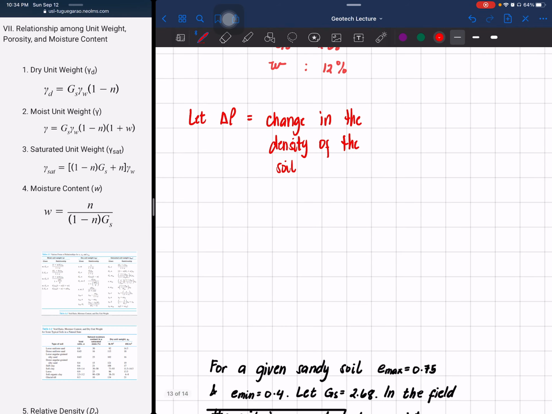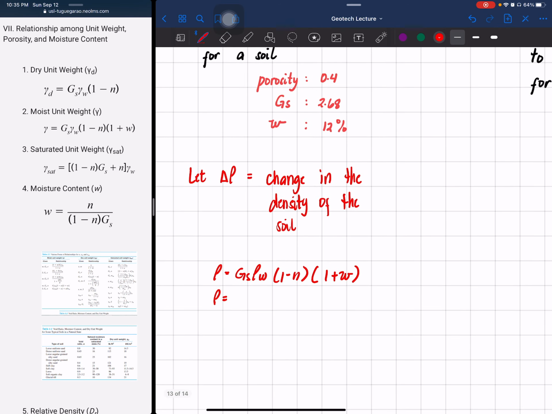Okay, so let's compute for the moist density, and that is equal to GS rho ng water multiplied by 1 minus n multiplied by 1 plus the water content. Okay, so this now is equal to the GS is 2.68 multiplied by 1000 multiplied by 1 minus 0.4 multiplied by 1.12.